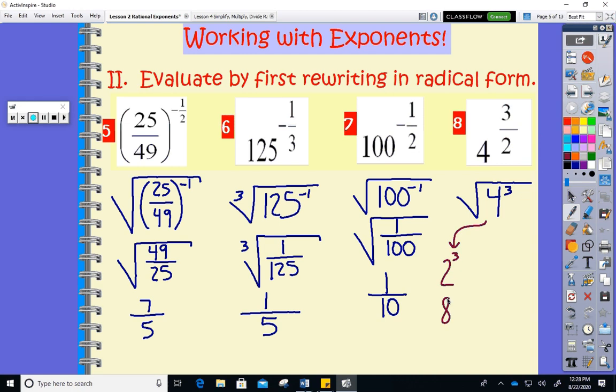But you're also allowed to say, no, I want to do 4 to the 3rd power first. So 4 to the 3rd power is 64, but now I want to do the square root second, and then that's 8. And so you can go either way. I always tell students, figure out which one you can do without a calculator and do it first, whichever one it is.